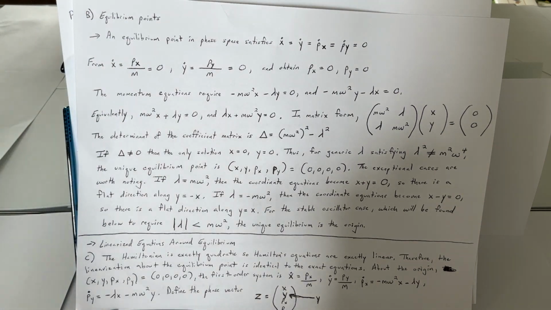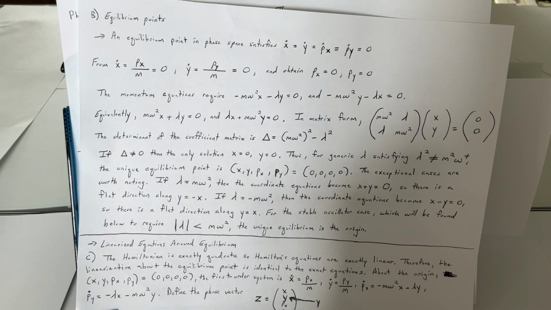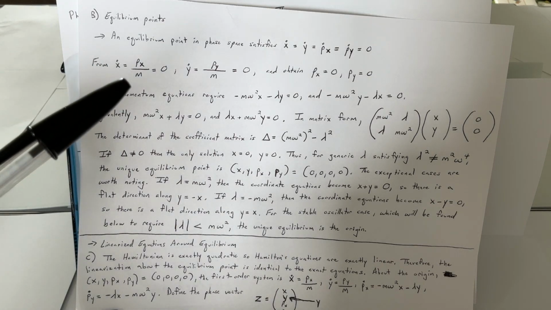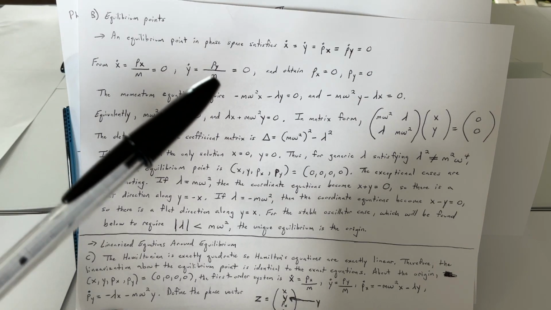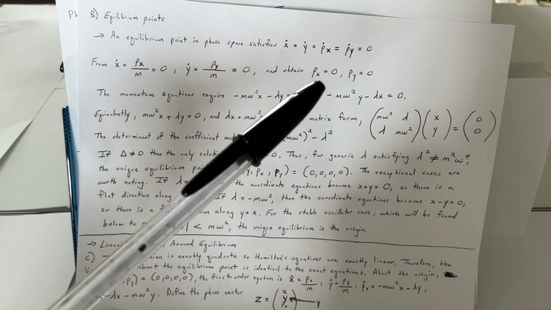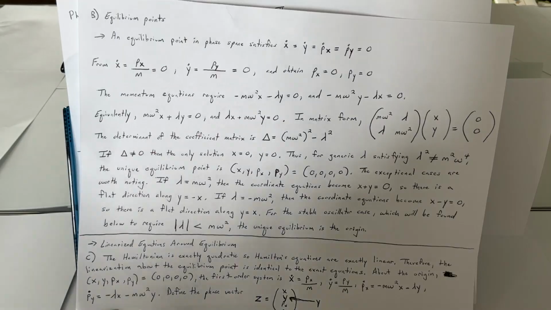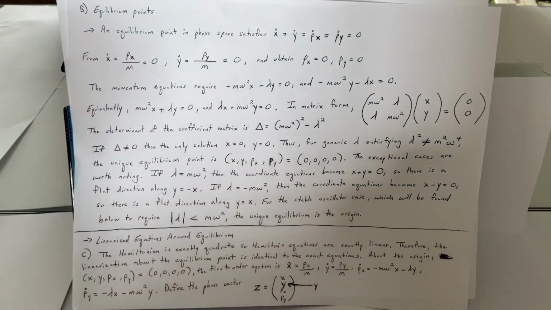The equilibrium point in phase space satisfies the following: x dot equals y dot equals p_x dot equals p_y dot equals 0. From here, x dot equals p_x over m equals 0, y dot equals p_y over m equals 0, and we obtain p_x equals 0, p_y equals 0.